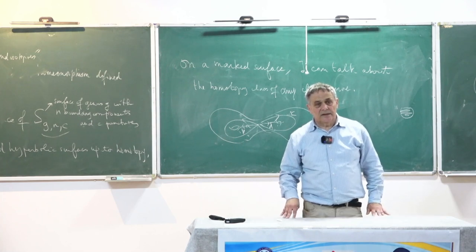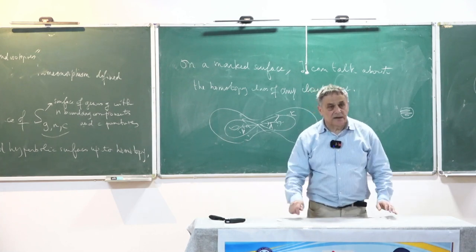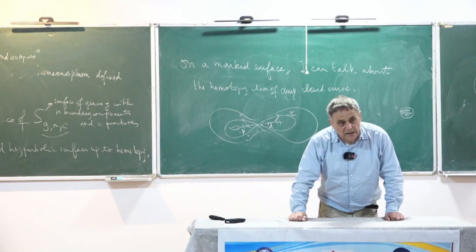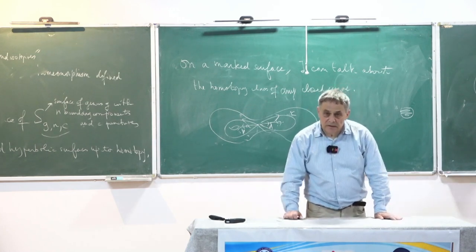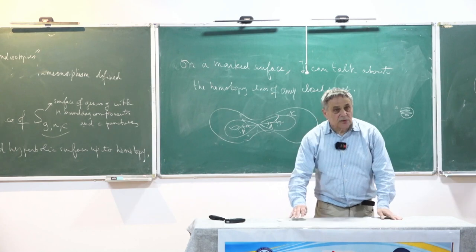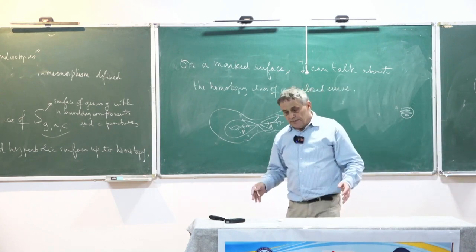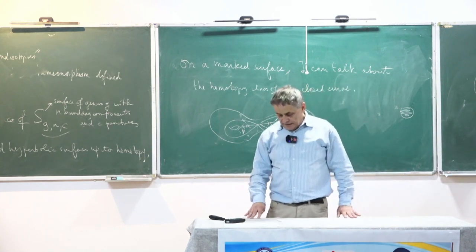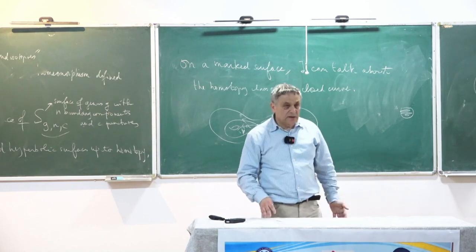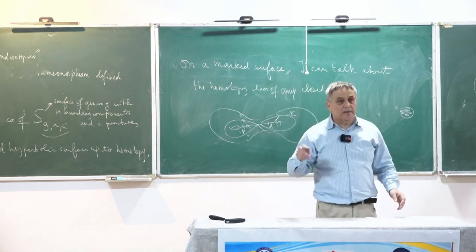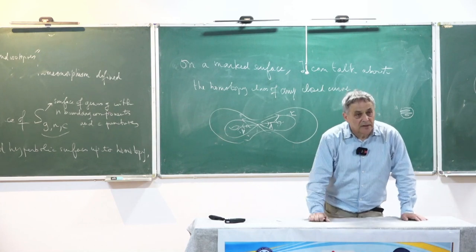I mean, there's a lot to say about this in algebraic topology. Yeah, sure. This is a basic problem in group theory. In fact, it's called the word problem, and the word problem is precisely this one.